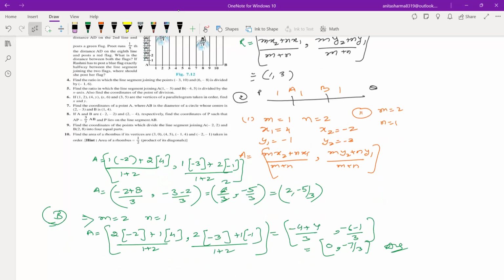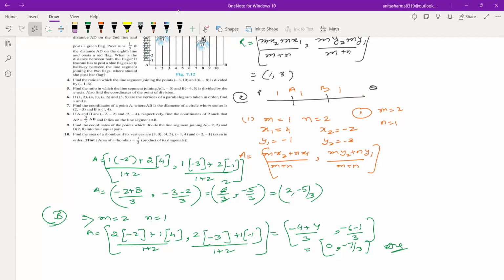Ma'am, I had a doubt, ma'am. Yes, beta. Ma'am, because we took x1, x2 and y1, y2 correctly, we got the answer. What if by mistake we take x2 as x1 and x1 as x2? Then the answer will be wrong.